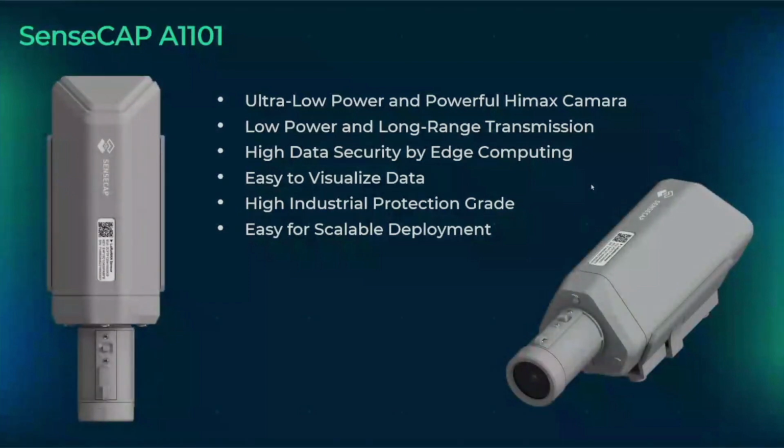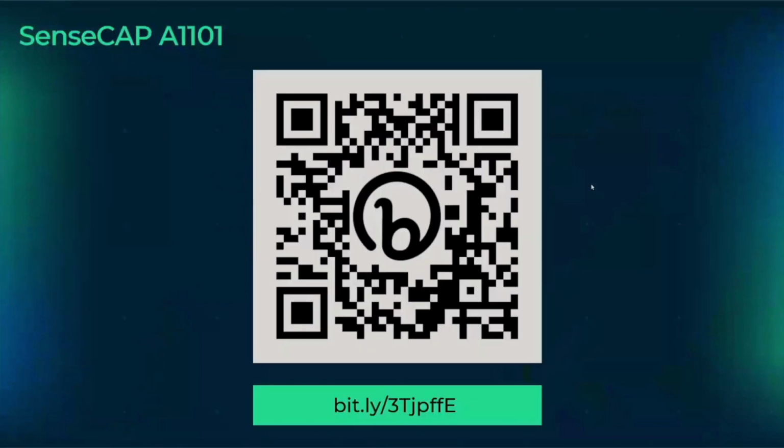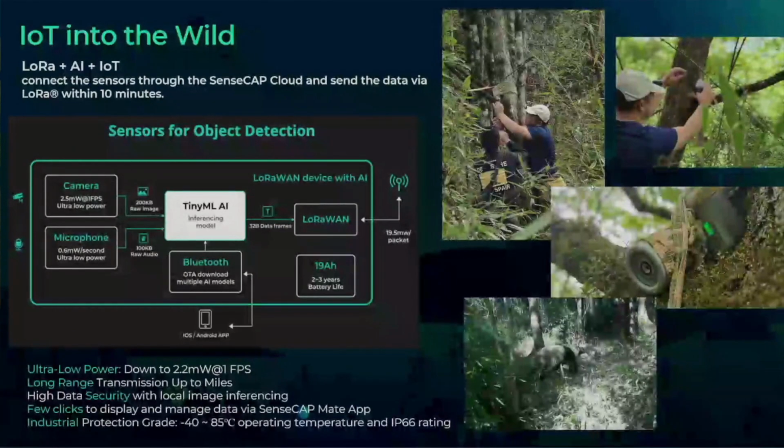What's awesome about this is that you can send the detection data to the cloud via the LoRaWAN gateway. This is a solution that we have already deployed in a jungle in China.